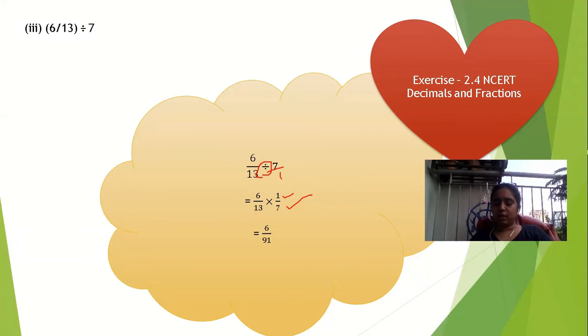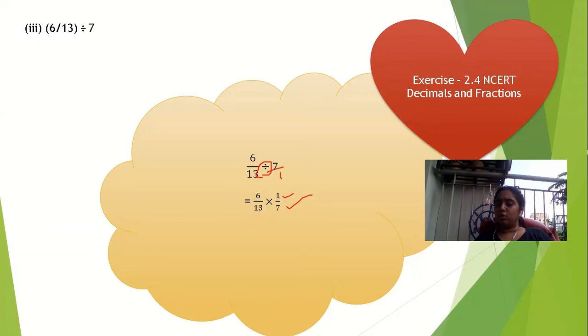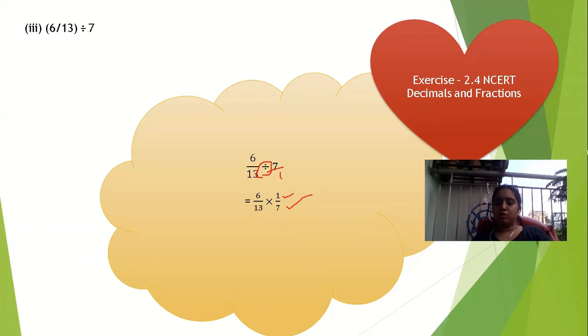So 6 multiplied by 1 is 6 and 13 multiplied by 7 is, if you don't know the table of 13, you can watch my table and trick video and it will definitely help you. Without learning tables, you can do the calculation of any table. So 13 multiplied by 7: 10 multiplied by 7 is 70 and 70 plus 21 is 91. So our answer would be 6 upon 91.